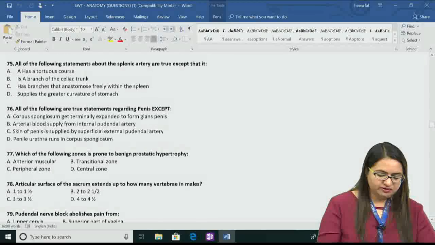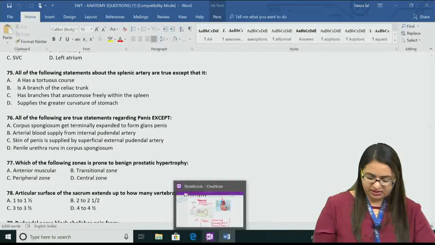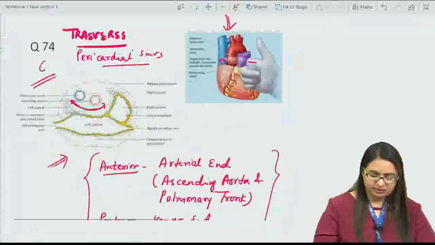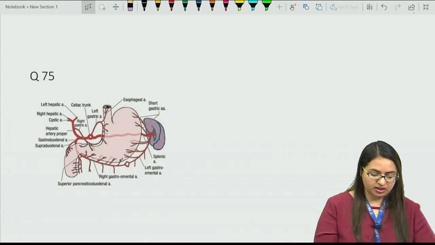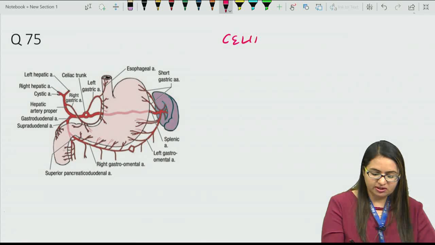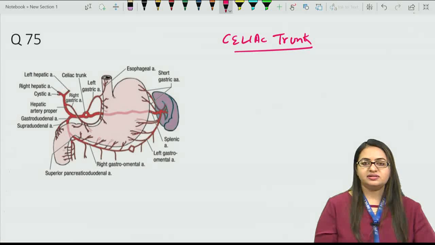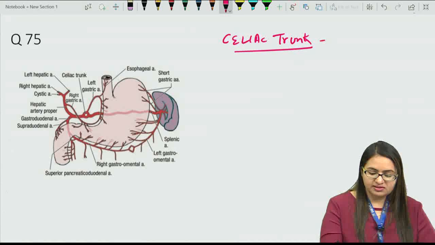Now question number 75. It is talking about the splenic artery. First of all, we will discuss the splenic artery. The splenic artery, as we know, is one of the largest branches of the celiac trunk. The celiac trunk arises as an anterior branch of the abdominal aorta at the junction of T12 and L1.